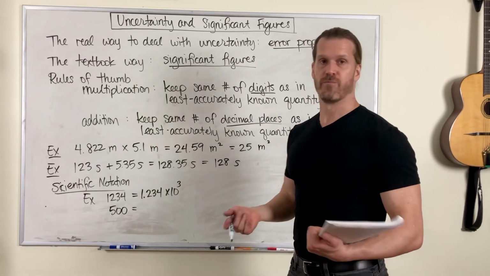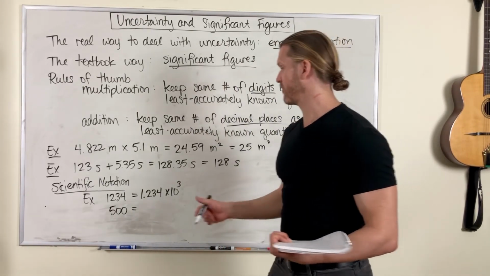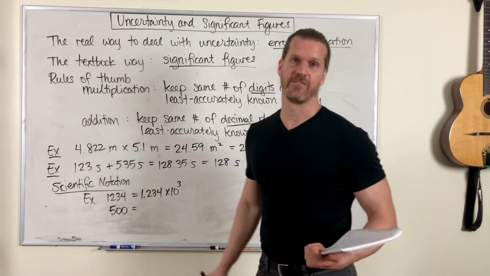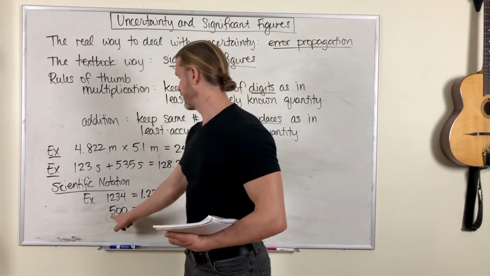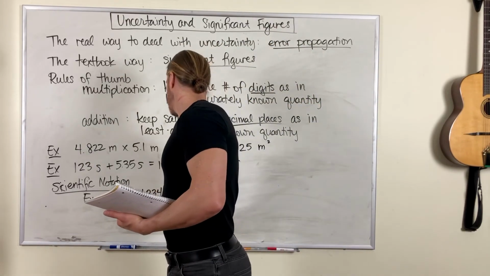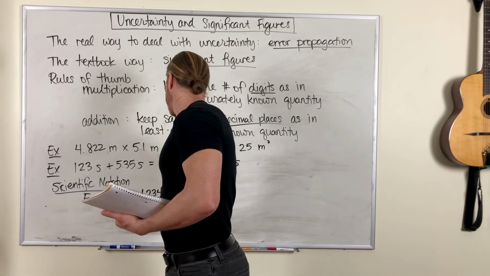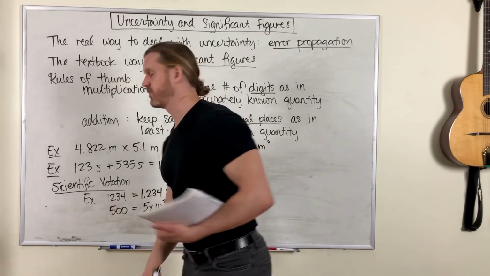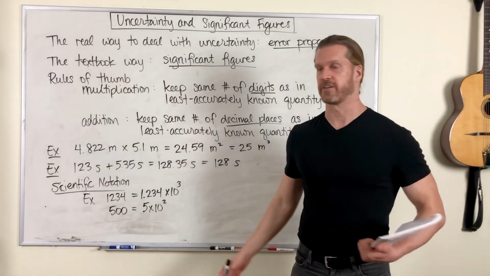So in order to remove that ambiguity, it's better to write a number like this in scientific notation. So let's say that 5 really is the only significant figure there. It would be better if we wrote this number as 5 times 10 to the 2. Now it's clear that there's just one significant figure.